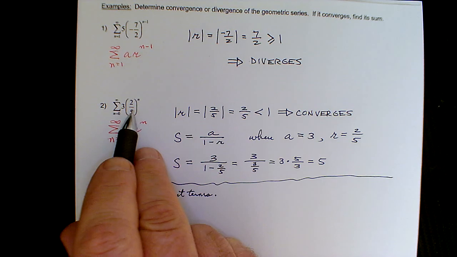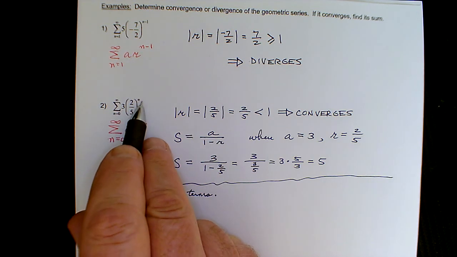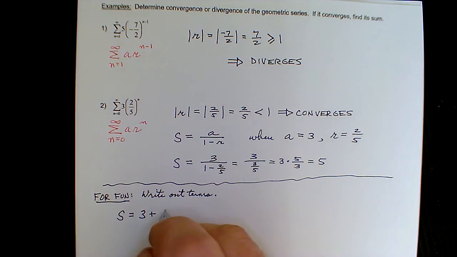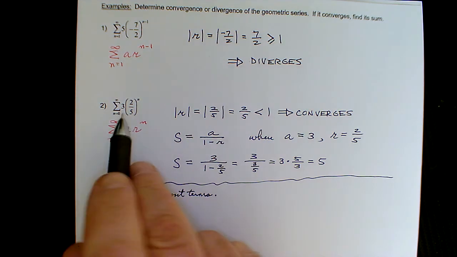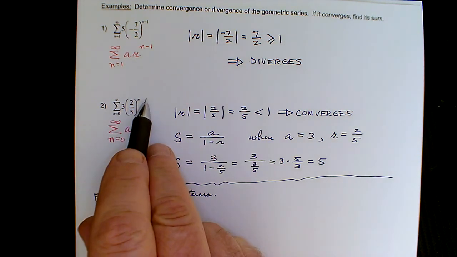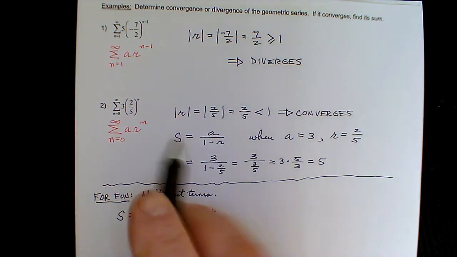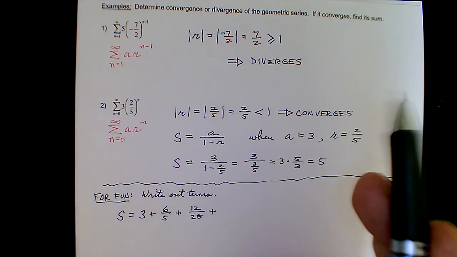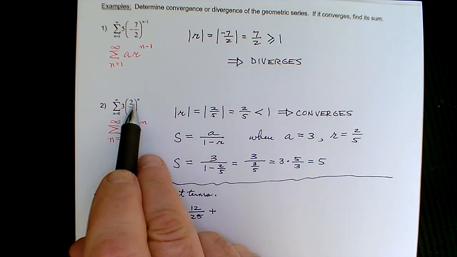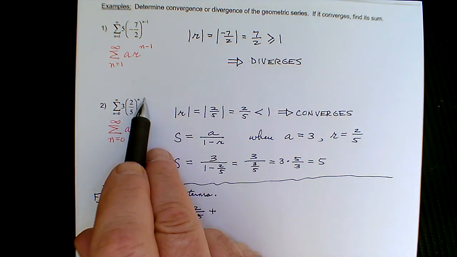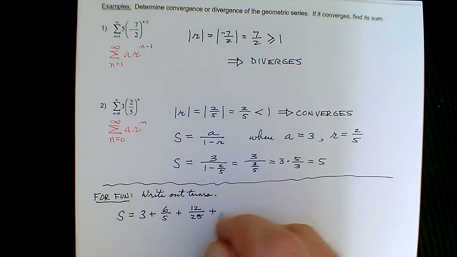When n is 2, 3 times 2/5 squared. 2/5 squared is 4 25ths times 3, 12 over 25. Next term, when n is 3, we'd get 2/5 to the third is 8 over 125 times 3, 24 over 125.